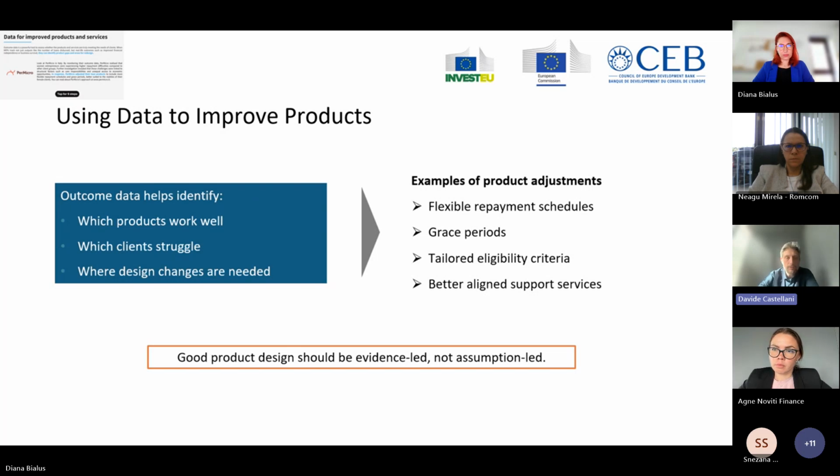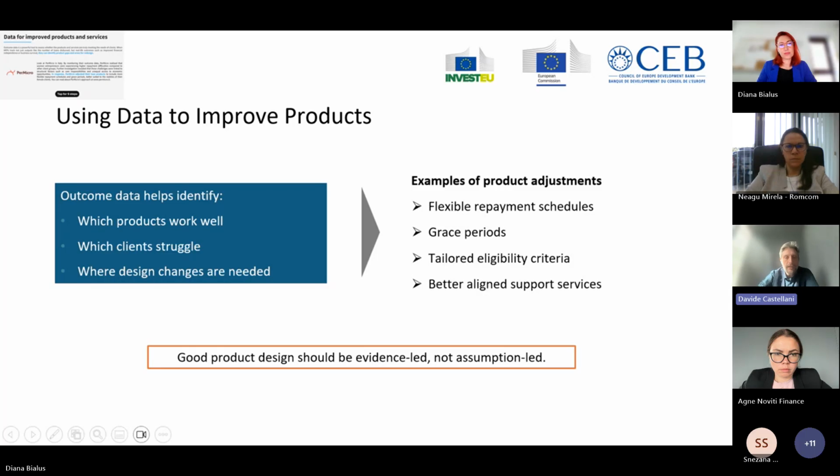When clients perceive that the impact that the products generate is not so valuable for them, they don't value the service either, right? So the impact that you generate through your services and the demand for your services are interrelated. Okay.